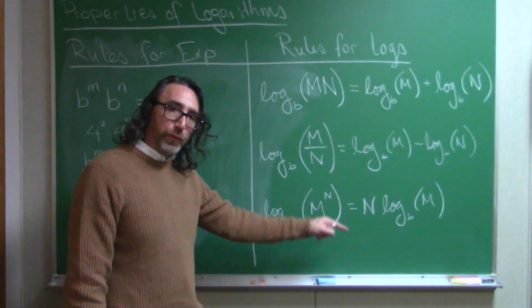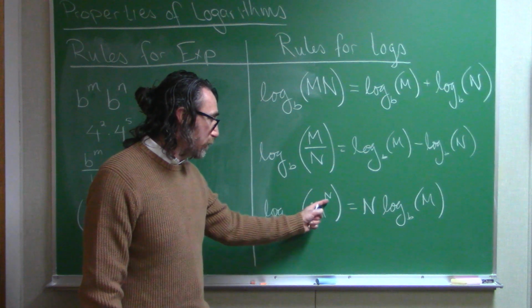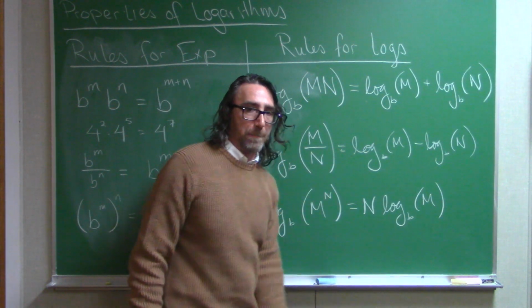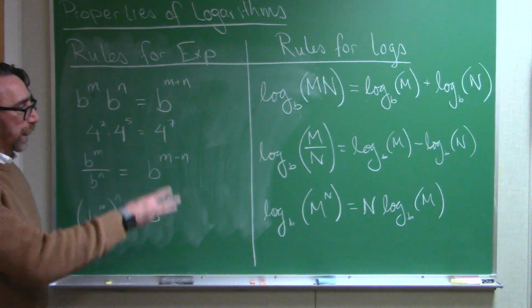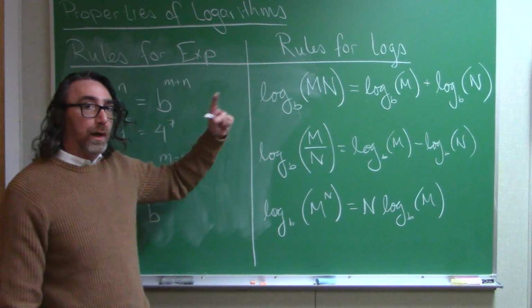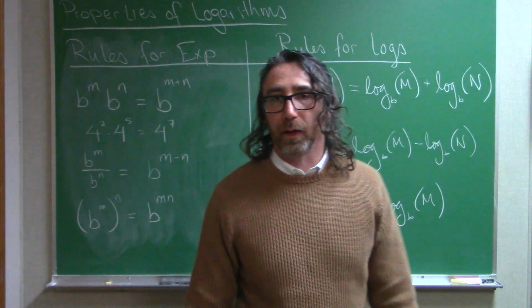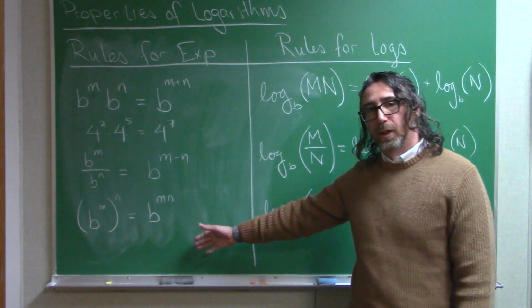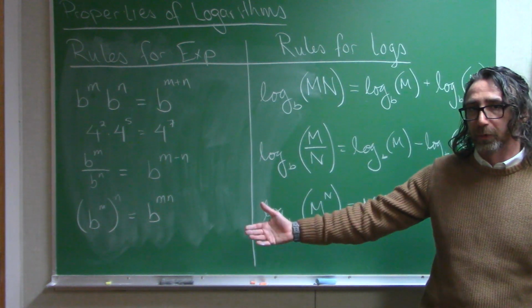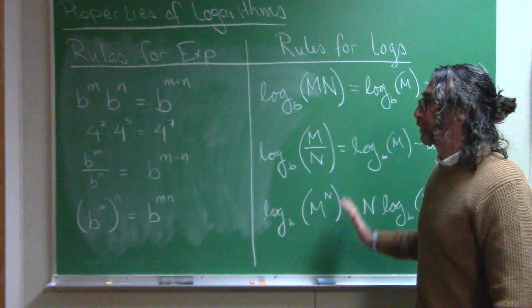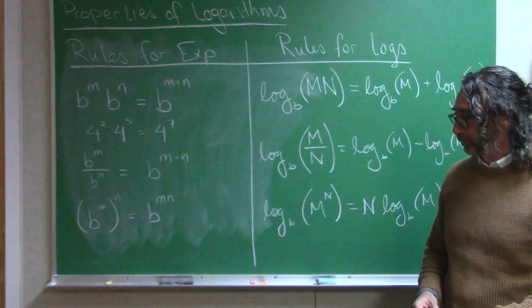What power should I use for this? Well, I take this new power and multiply by the power I needed to get big M. So we have the product rule for logs, the quotient rule for logs, and the power rule for logs. And all of those come from the familiar rules for exponents because logs tell us exponents. So logs follow the same rules that exponents follow.